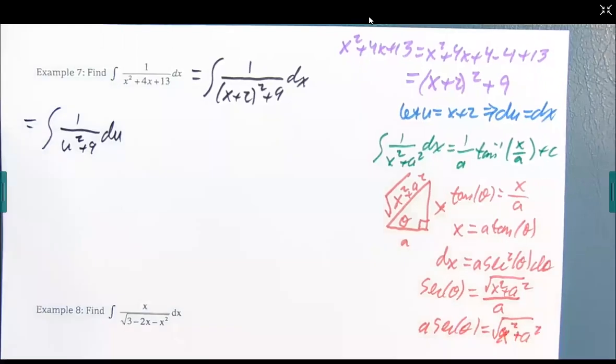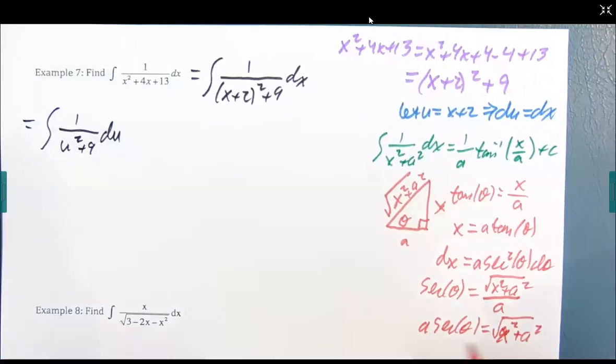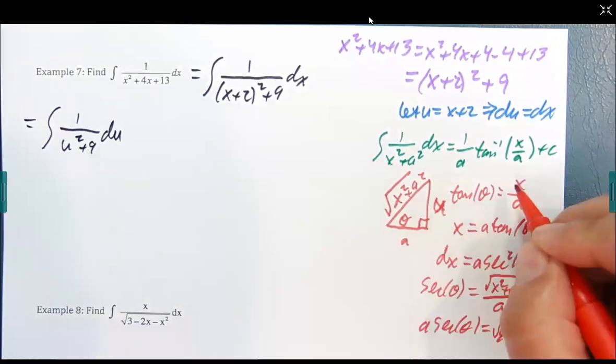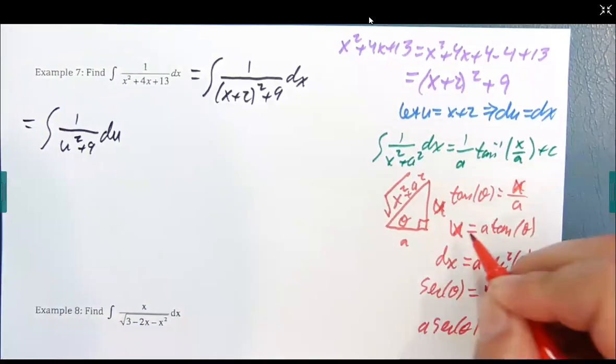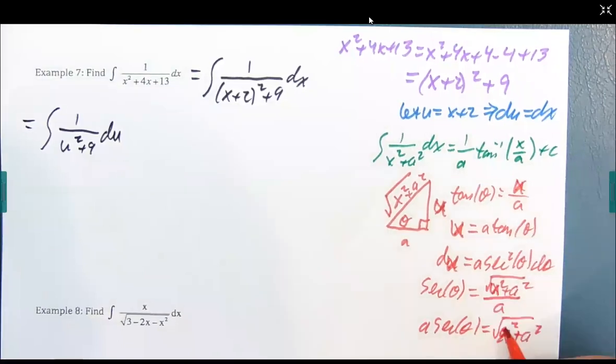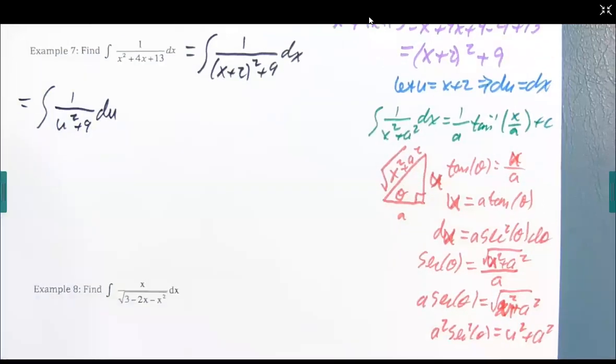And then when I square both sides to get rid of the radical, which is what I need, and these x's should all be u's, squaring that gives me a squared secant squared theta equals u squared plus a squared. All right, with all of that said, go back to here.